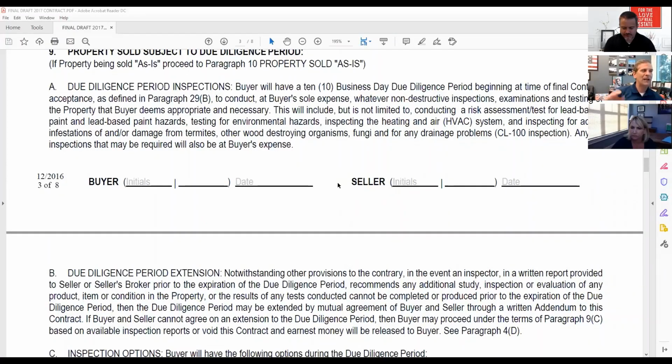As a side note, I have had this happen a lot recently: agents will say the transaction defaults, or it doesn't close due to due diligence, and the title work's already done. The agents are like, why did you order title work? You should have waited until due diligence was over. I don't know a single lawyer who can wait until due diligence is over to order title work.